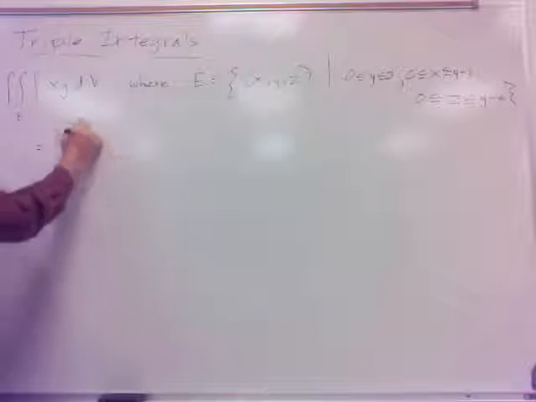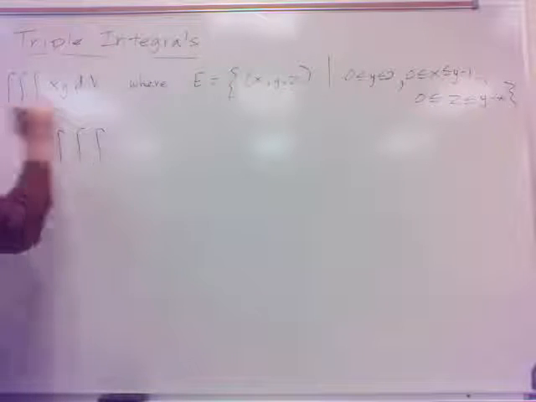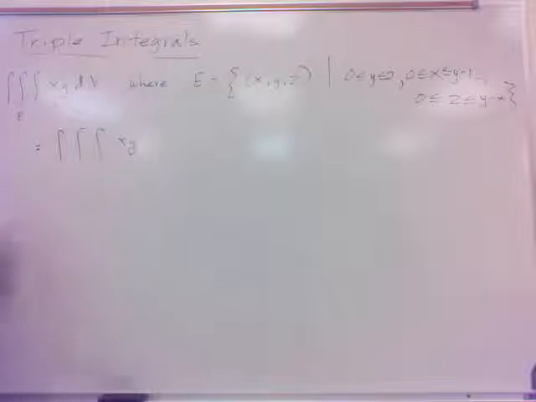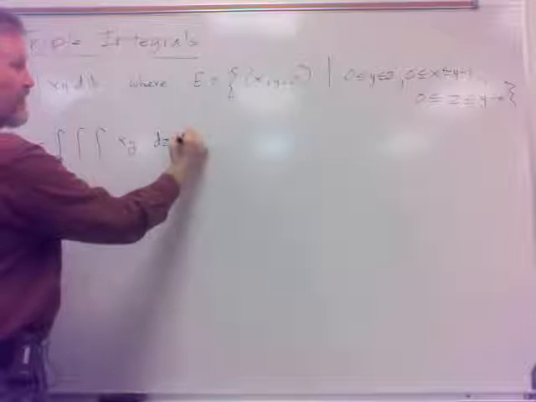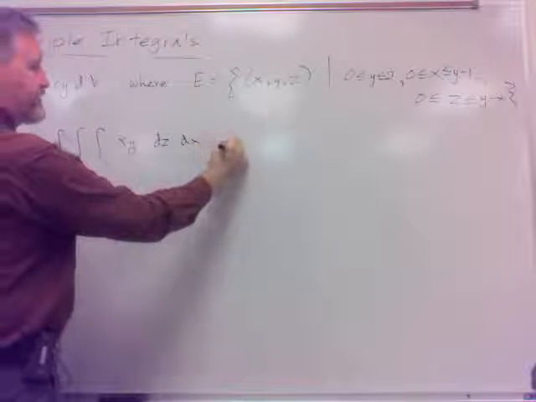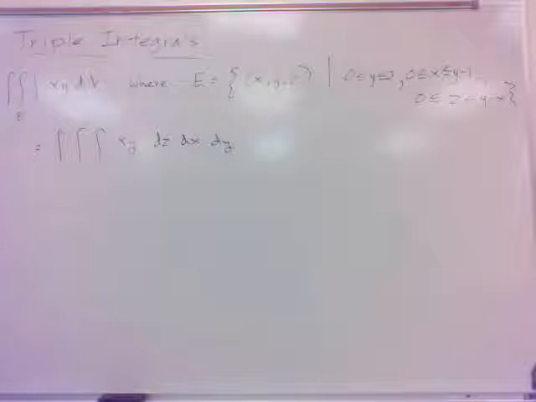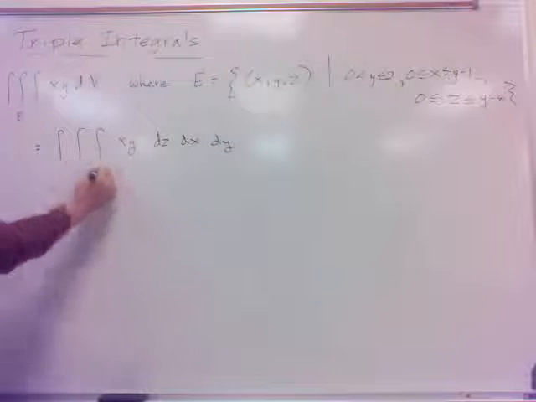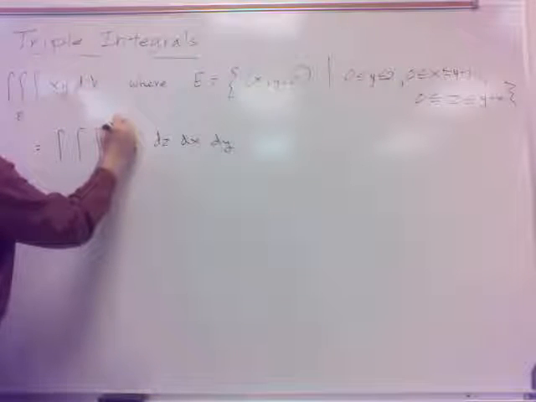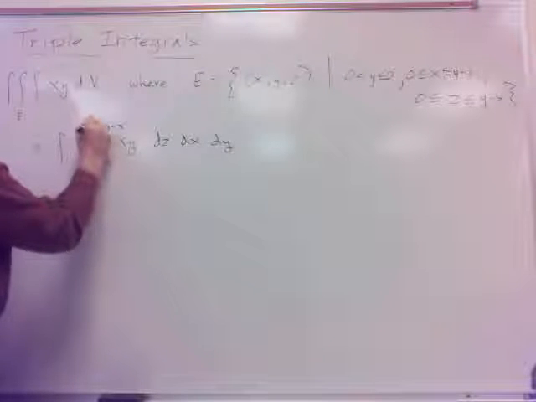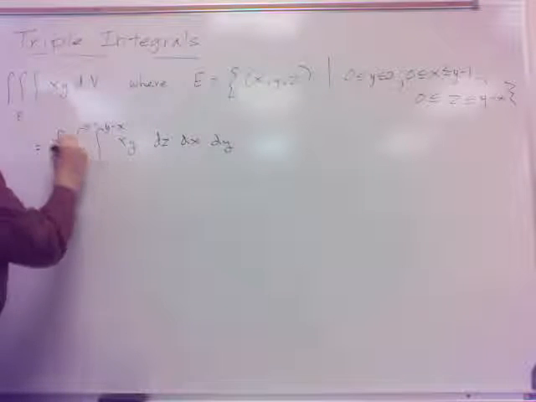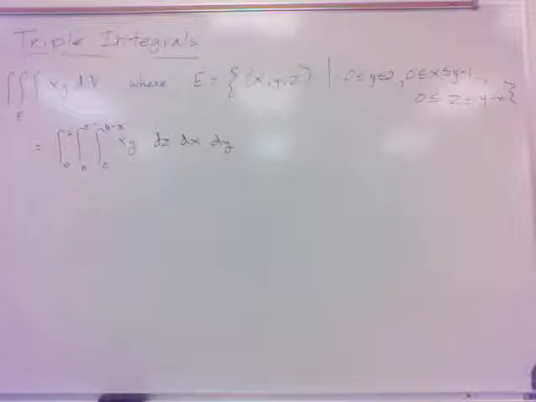The order is going to be dz, then dx, and then dy. So z is between 0 and y minus x, x is between 0 and y minus 1.